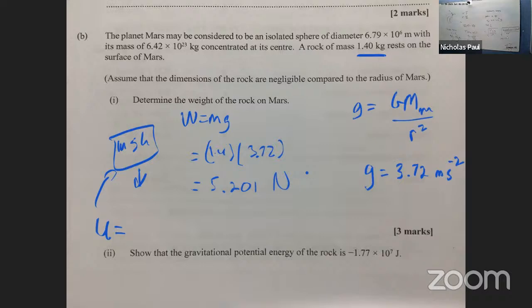So you multiply 5.201 by half of 6.679 by 10 to the power 6. If we use this as mg, 5.201, and multiply it by half of it.